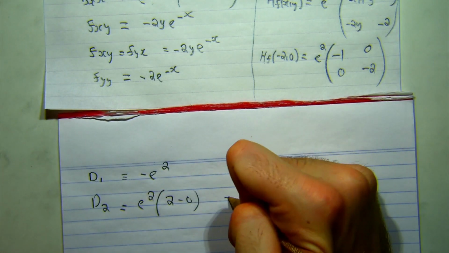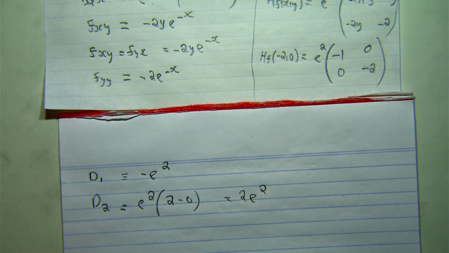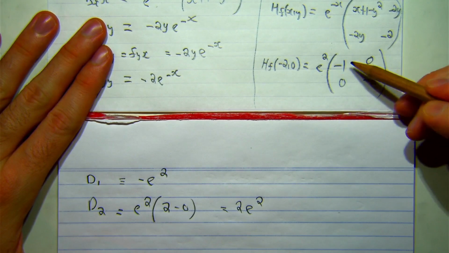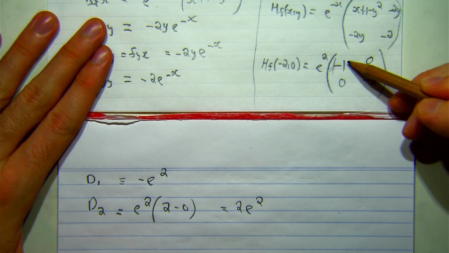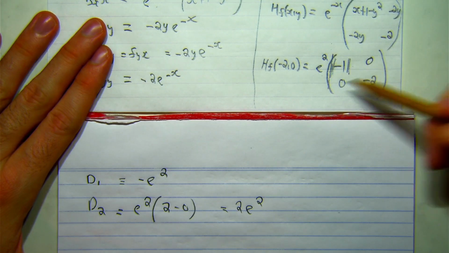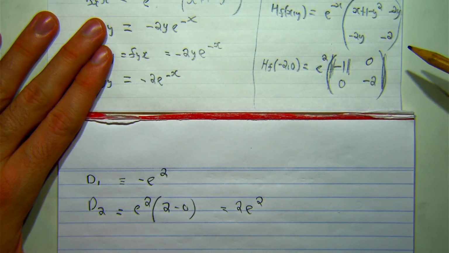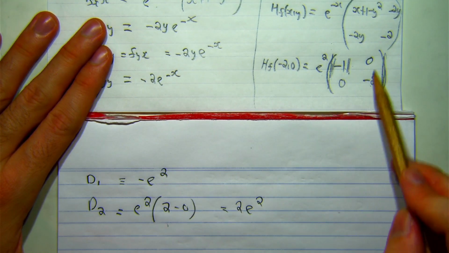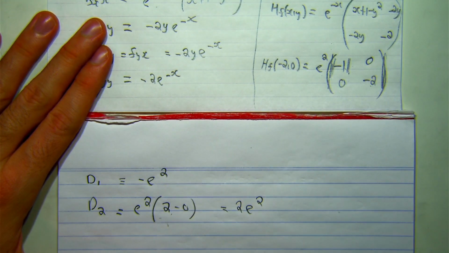So that is equal to 2 e to the 2. What I'm doing, if you're not keeping up with that, is putting the e to the 2 back in, and then the first leading principal minor is the determinant of this, and the second leading principal minor is the determinant of the whole thing, which is what this is. So the diagonals multiplied by each other, and you take the difference.